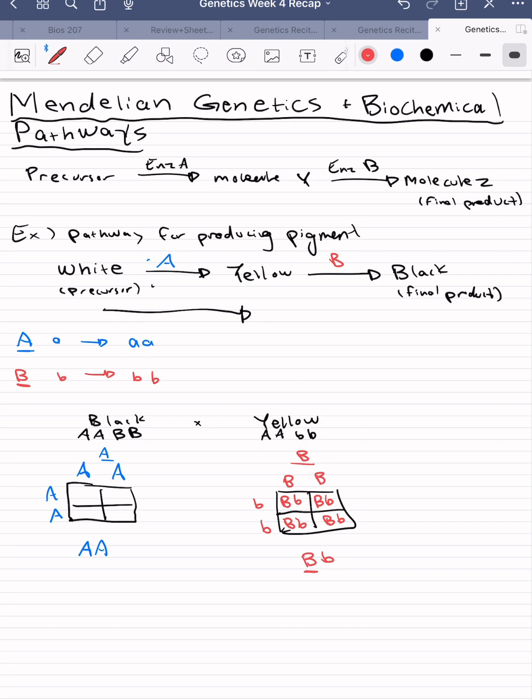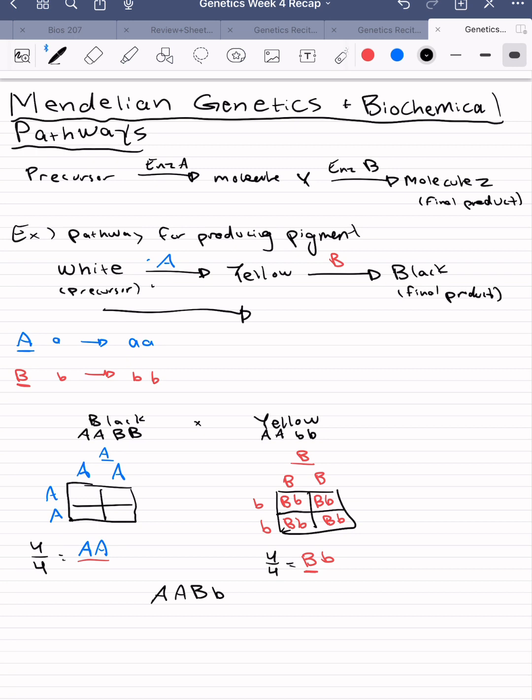So these right here are all the genotypes of each of the genes. If we put them together, all the individuals are going to come out big A, big B, little b. So 4 out of 4 will have this genotype, and 4 out of 4 have this genotype.